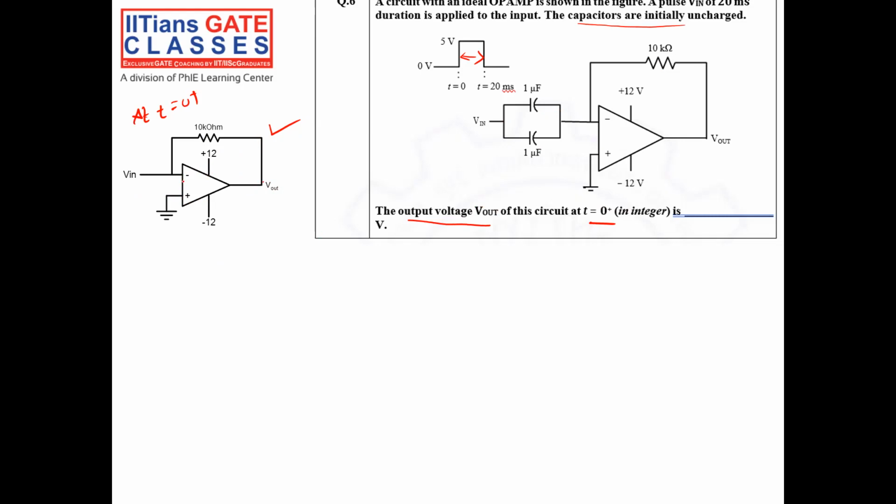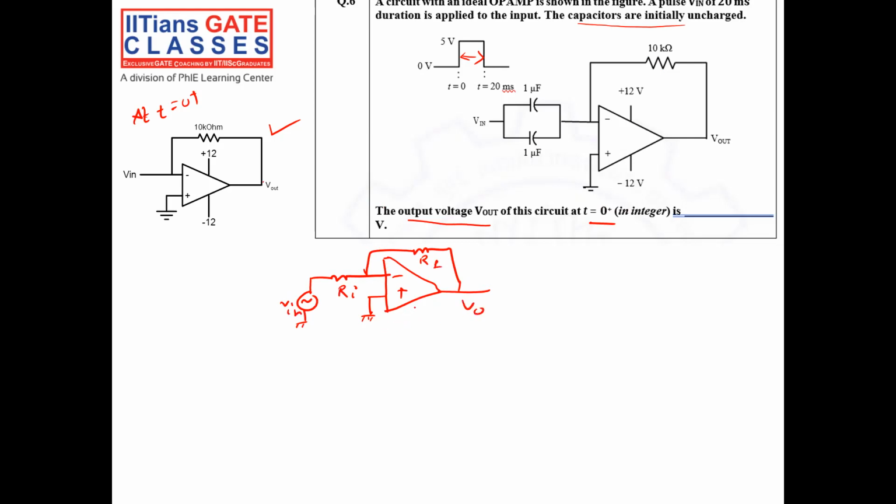How? I will tell you. Suppose you take a non-inverting amplifier. Let it be RF, let it be RI, and I'm applying a V in. This is my V output.